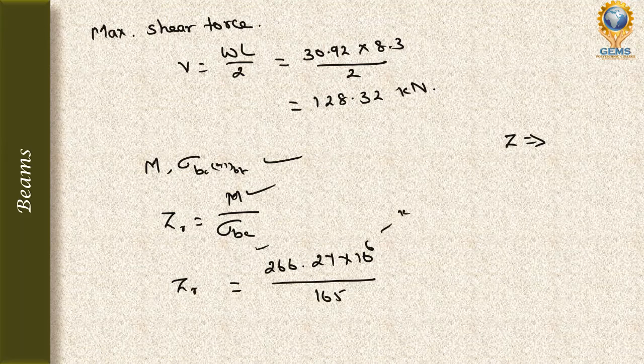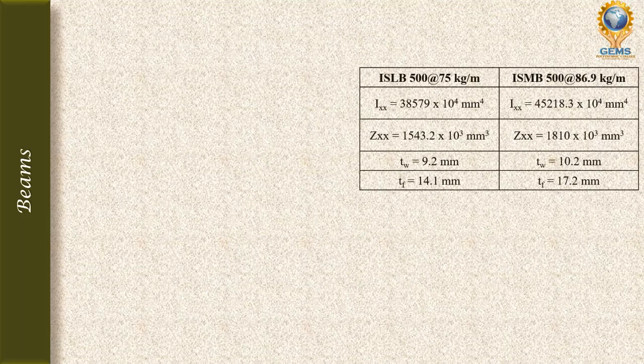Because this one is kilonewton meter, we are converting into Newton mm, so it is 10 to the power 6, and this one is Newton per mm square. So section modulus required is 1613.75 into 10 to the power 3 mm cube.